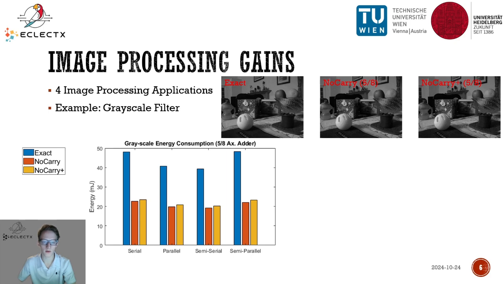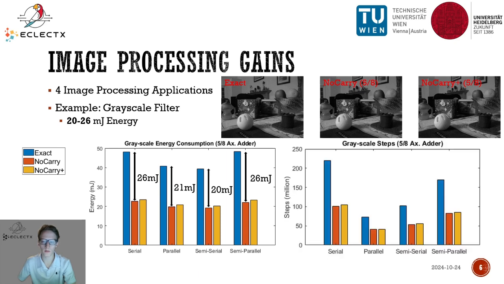And for this, we were able to gain drastic gains in terms of energy efficiency. We were able to save up to 26 millijoules of energy with an approximation degree of 5 out of 8. The same is true for the number of steps that are required. We were able to save up to 119 million steps for this one image only. That was all.